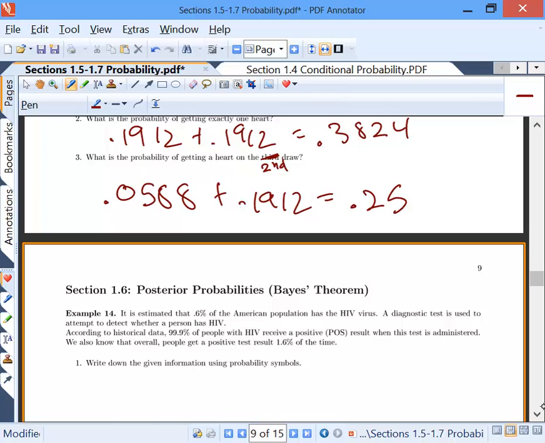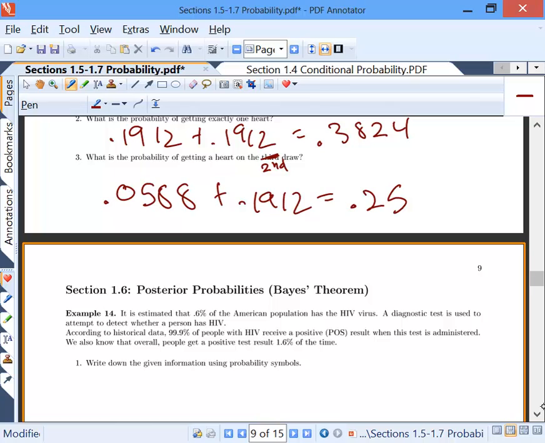It is estimated that 0.6% of the American population has the HIV virus. A diagnostic test is used to attempt to detect whether a person has HIV. According to historical data, 99.9% of people with the HIV virus receive a positive test result when they take the test. Okay. And then we also know that overall people get a positive test result 1.6% of the time.